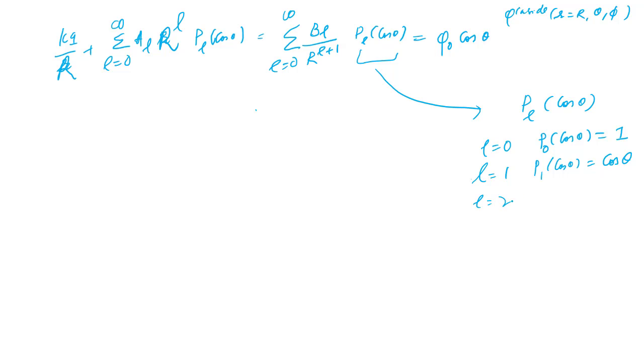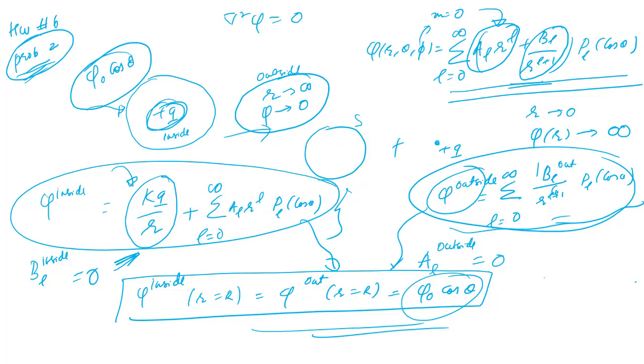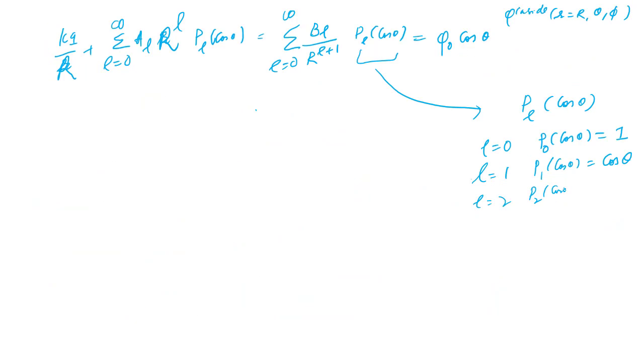And for L equal to 2, P2 of cosine theta, you can figure that out, and that should come up to be half of 3 times cosine squared theta minus 1, right? So if P1 of cosine theta is cosine theta, then I can just call this term cosine theta P1 of cosine theta.